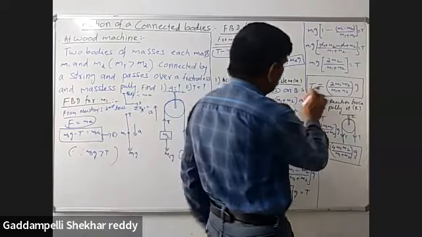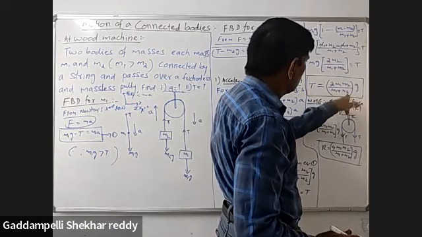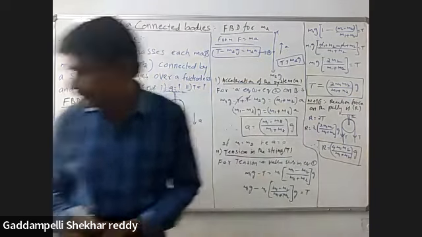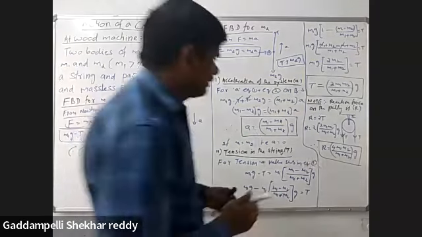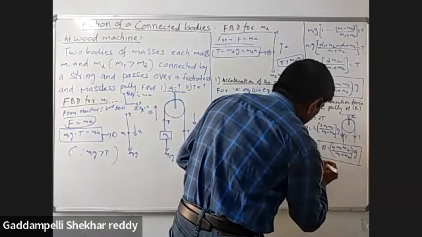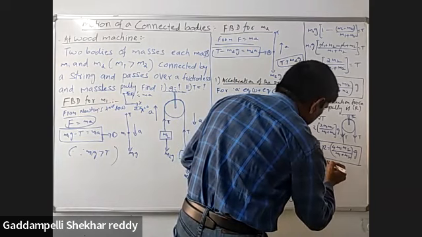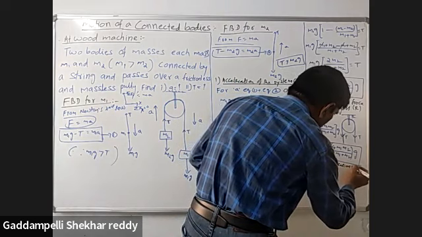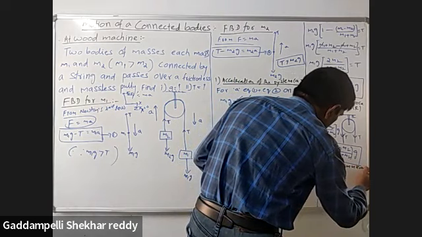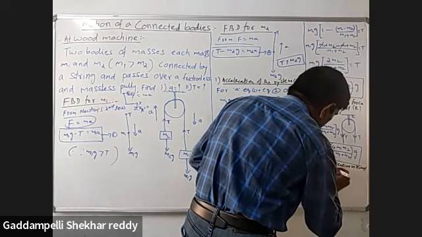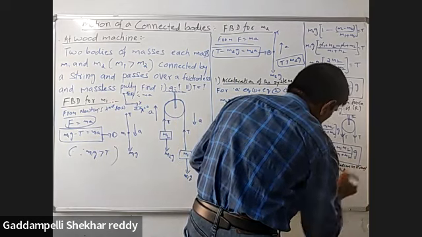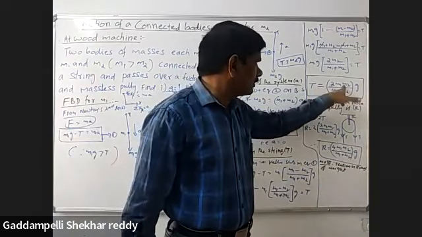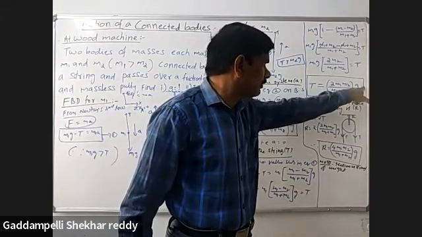Another note: tension in terms of weight. In this equation for tension in terms of mass, multiply and divide by an extra g.